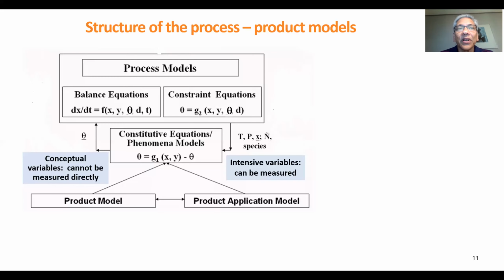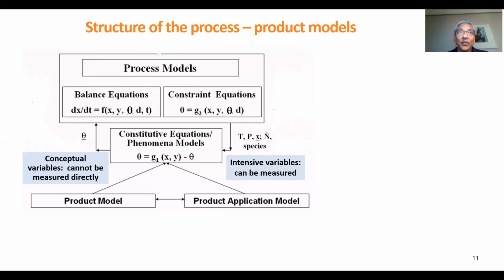So for example, as I mentioned before, if we want to verify whether a solvent works or not in extractive distillation, we need the process model, which is based on conservation of mass and energy.